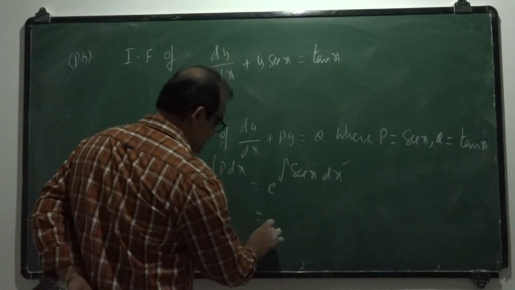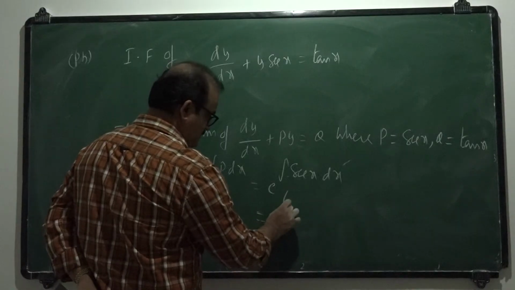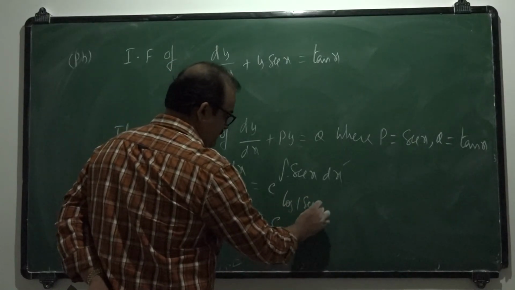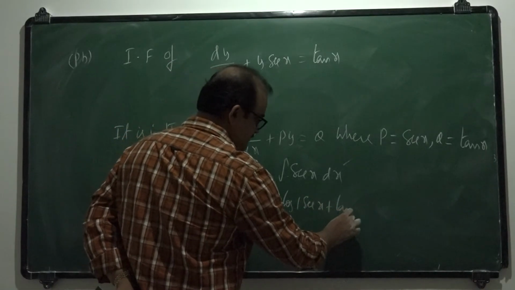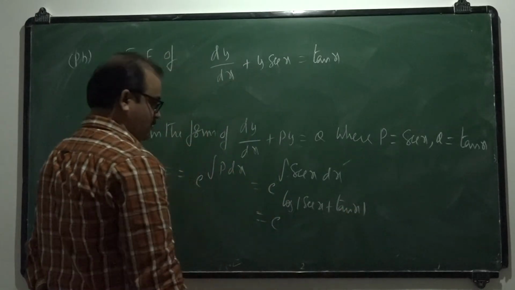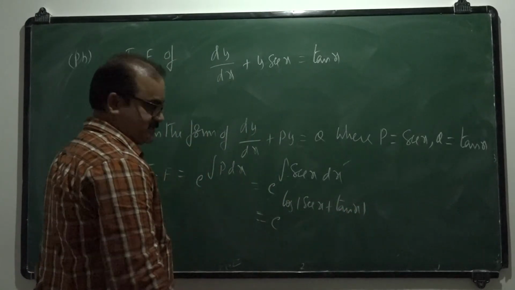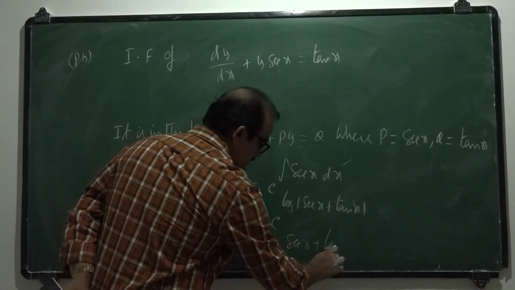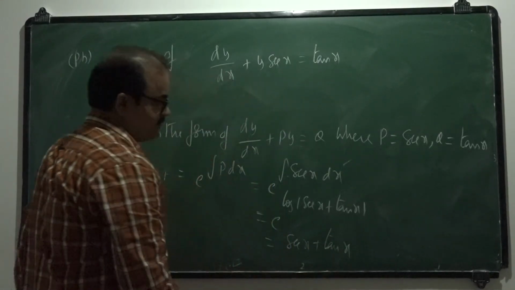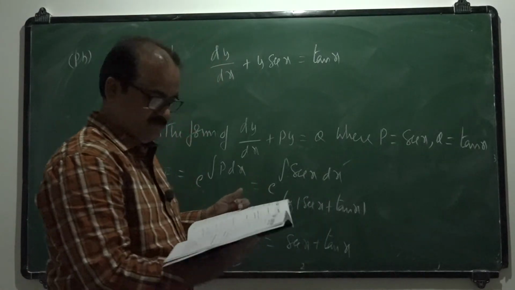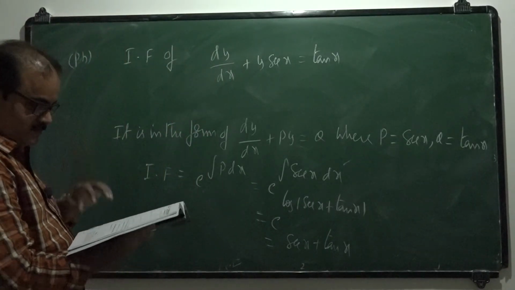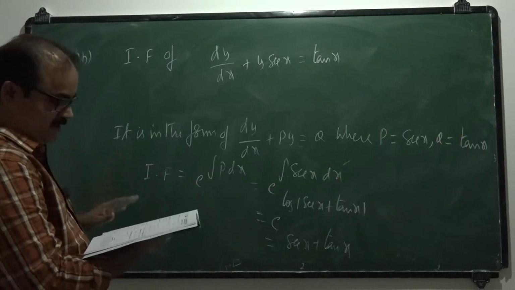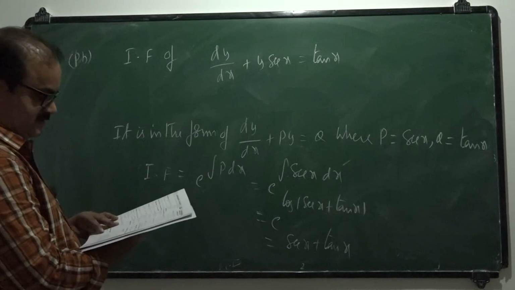Integrate this. Integral secant x is log mod secant x plus tan x. E power log x is x, so it is secant x plus tan x. In this way, we find integrating factor to the linear differential equation.